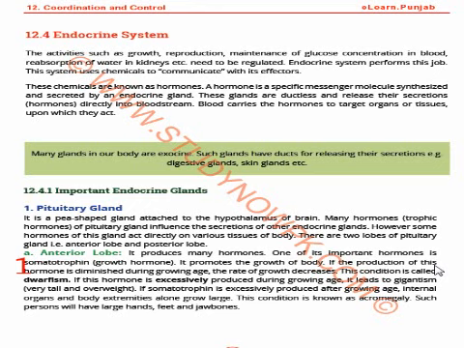So if somatotropin hormone is less, it causes dwarfism. And if the hormone is excessively produced during growing age, it leads to gigantism.